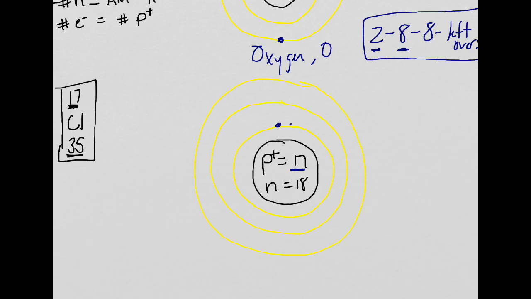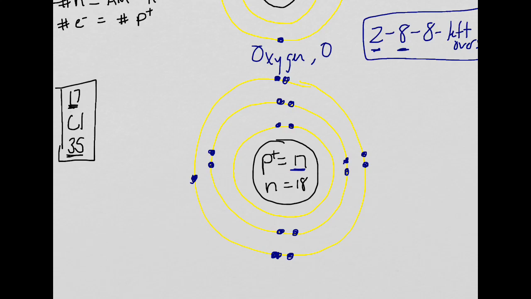So we go 1, 2, that's full. 3, 4, 5, 6, 7, 8, 9, 10, that's full. 11, 12, 13, 14, 15, 16, 17. That's it. Stop right there. Just going to fill those guys in a little bit. They look a little better.